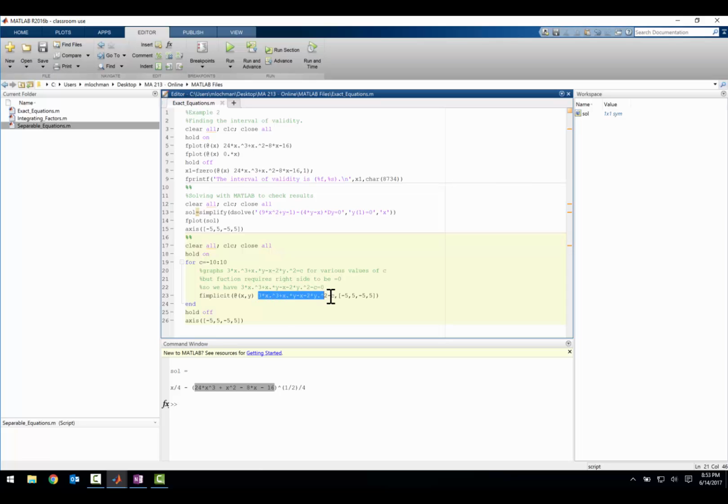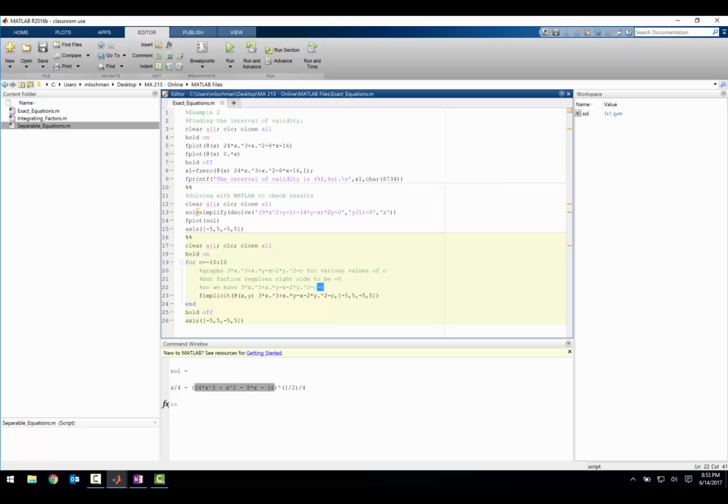Because I'm not going to constantly resolve it with c in there, I'm going to use the implicit form, and the function that plots implicit things is called f-implicit. The only difference is that when you type in the function for this command, it needs to be set up in this way.